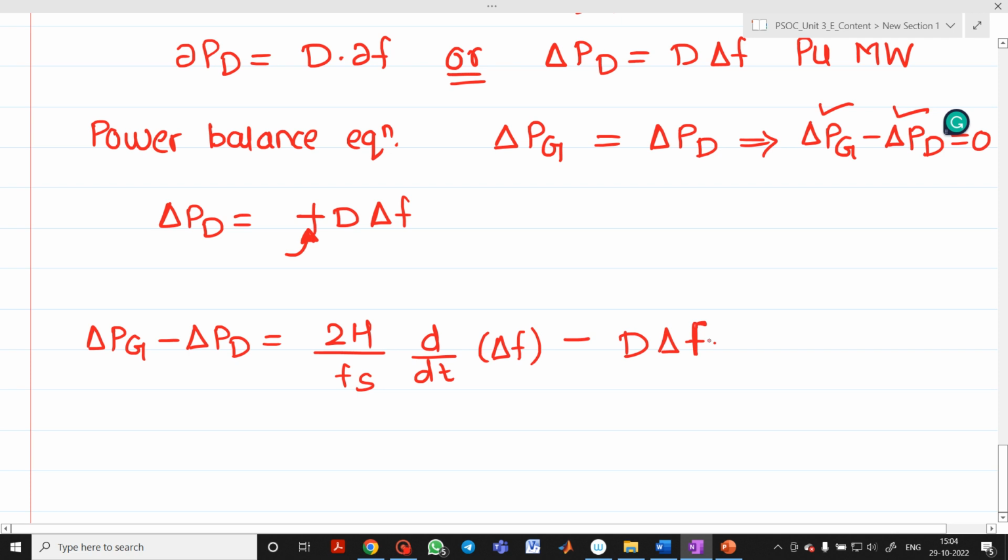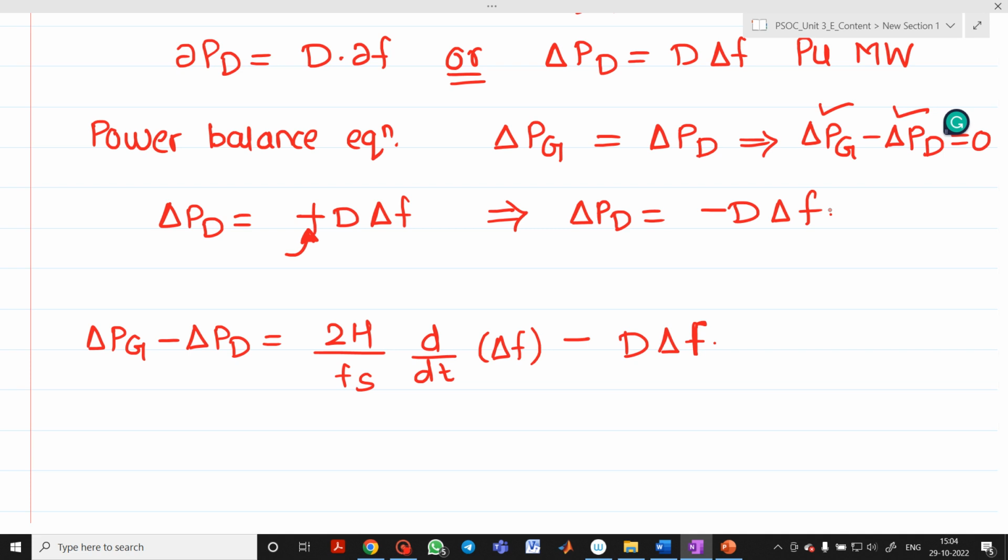But now again, if you see, I have written ΔPD equal to plus D ΔF. Basically it is not a plus, it is ΔPD equal to minus D into ΔF. Now the question is, why is it minus D into ΔF? What is the reason here? The simple reason is that by however much your load increases, that much your frequency will decrease.